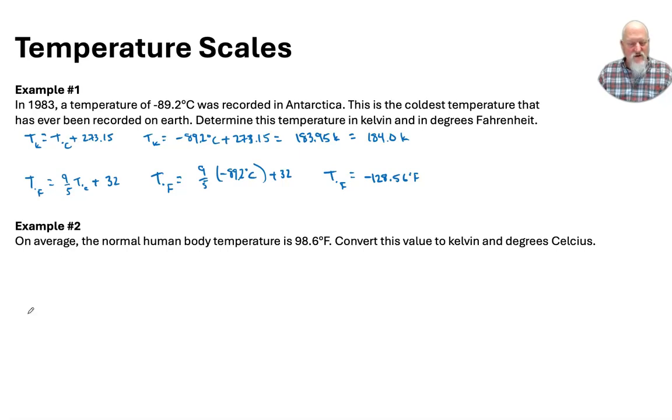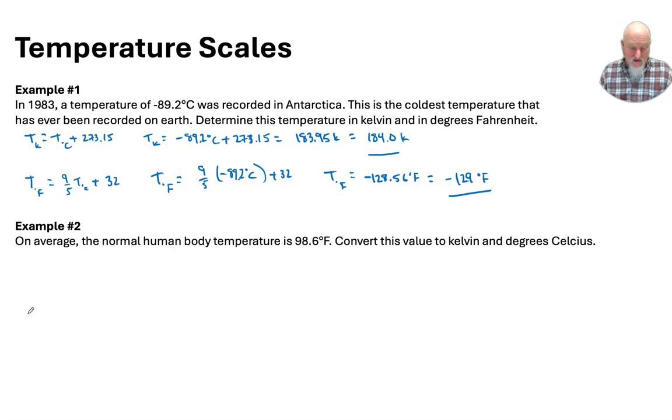And this is addition, and 32 is exact. So my number in the end should have three significant figures. So it should be negative 129 degrees Fahrenheit. So negative 89.2 degrees Celsius is equal to 184.0 Kelvin and negative 129 degrees Fahrenheit.